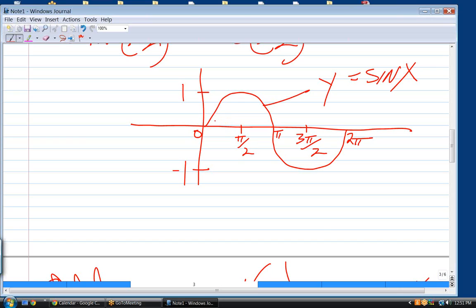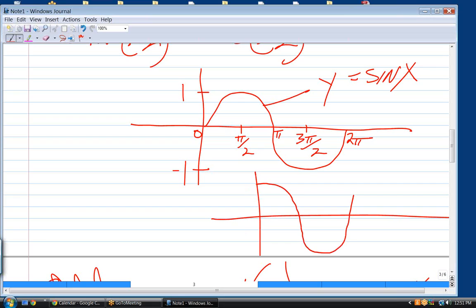With these functions, there's always 5 key quarter points, is what they're called. And notice that at the first quarter point, sine of 0 is 0. Sine of pi over 2 is what? What's the sine of pi over 2 based on my graph? Oh, 1. Okay. What's the sine of 3 pi over 2? Negative 1. Okay, now I'm going to draw the cosine curve. Cosine curve is different.